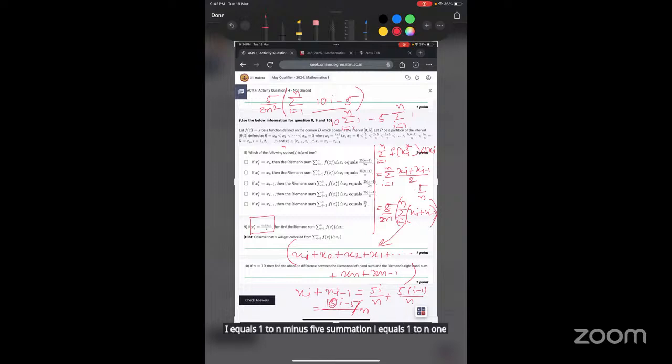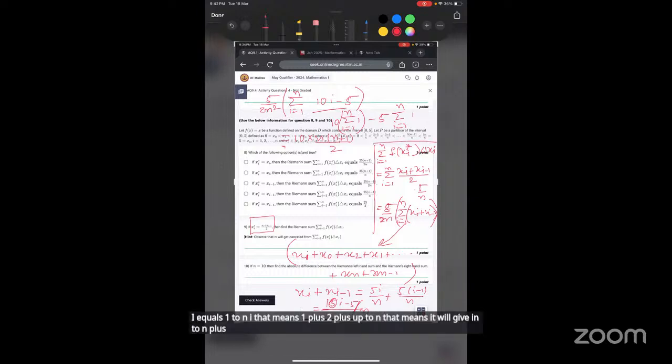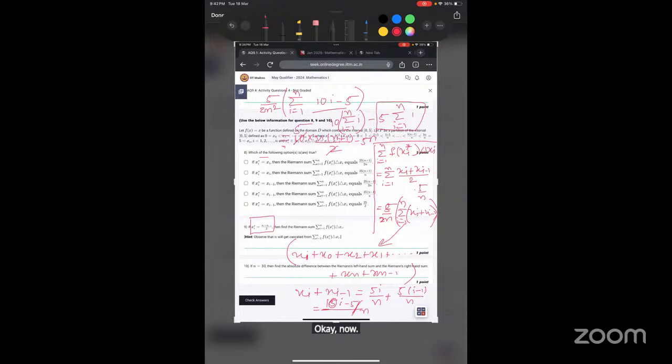The summation of i is 1 plus 2 plus up to n, which gives n into n plus 1 by 2, so 10 into this term gives 5n(n plus 1). And the second term we are doing n times, so this gives 5n. So we get 5n squared plus 5n minus 5n. So 5n squared would be the answer.